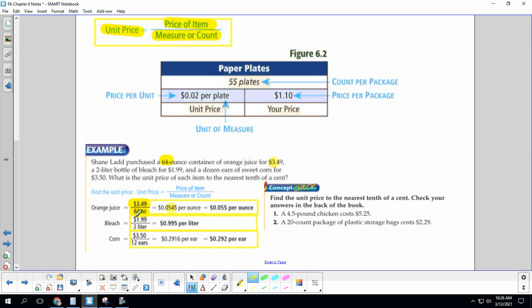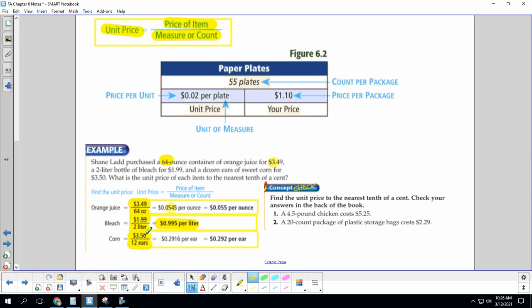All right, let's look at the bleach. It's $1.99 for 2 liters. We divide that 1.99 by 2, and we get $0.995 per liter. $3.50 for 12 ears of corn.